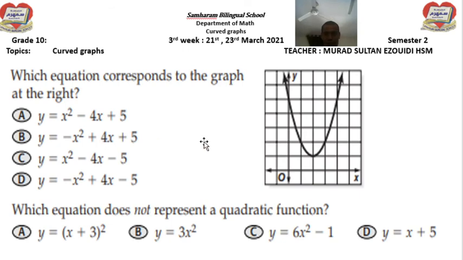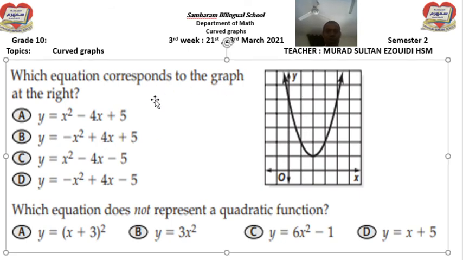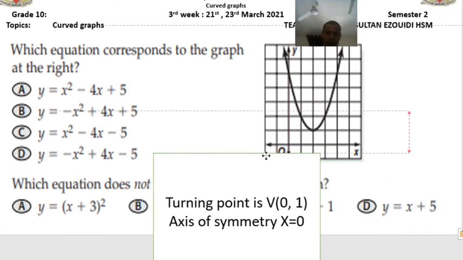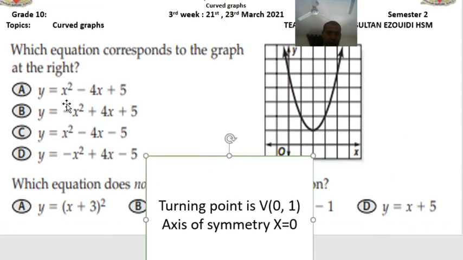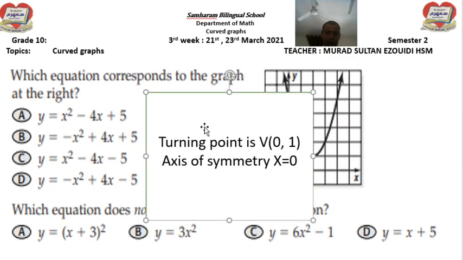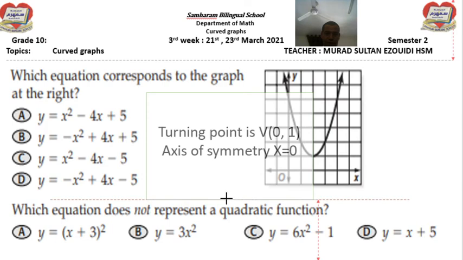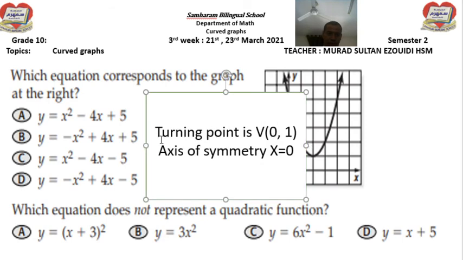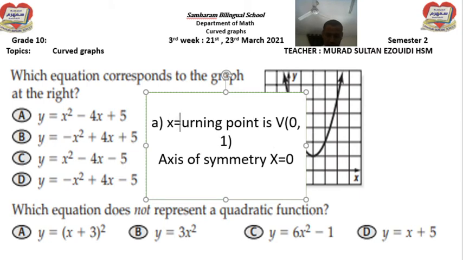Here the question is: which equation corresponds to the graph on the right? The first equation is x squared minus 4x plus 5, so the axis of symmetry is x equals 2.